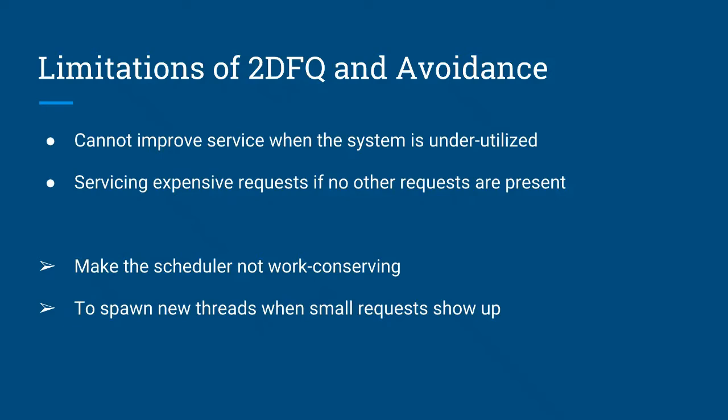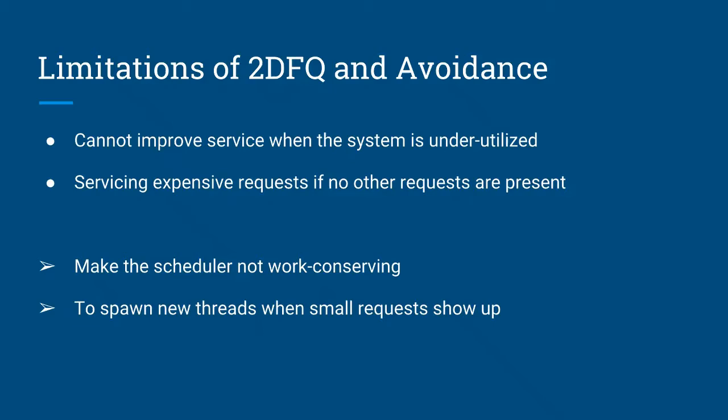So all the worker threads could be servicing expensive requests, and if no other requests are present, any subsequent burst of small requests would have to wait for the expensive requests to finish. So this creates a large delay for the small requests.